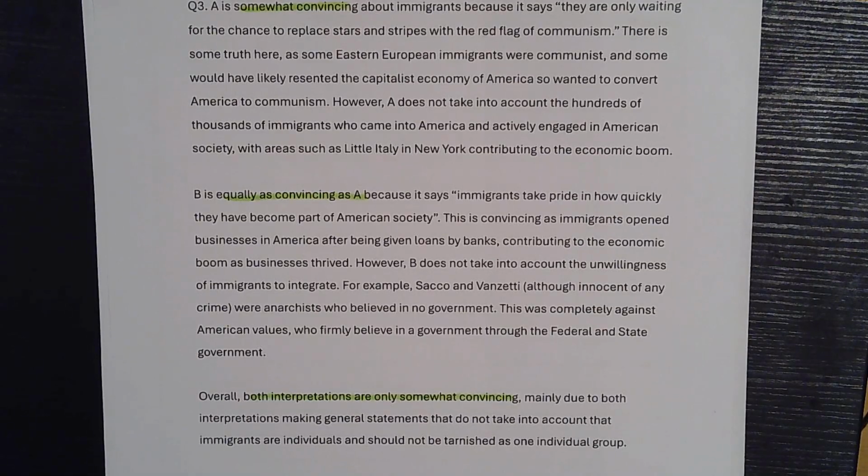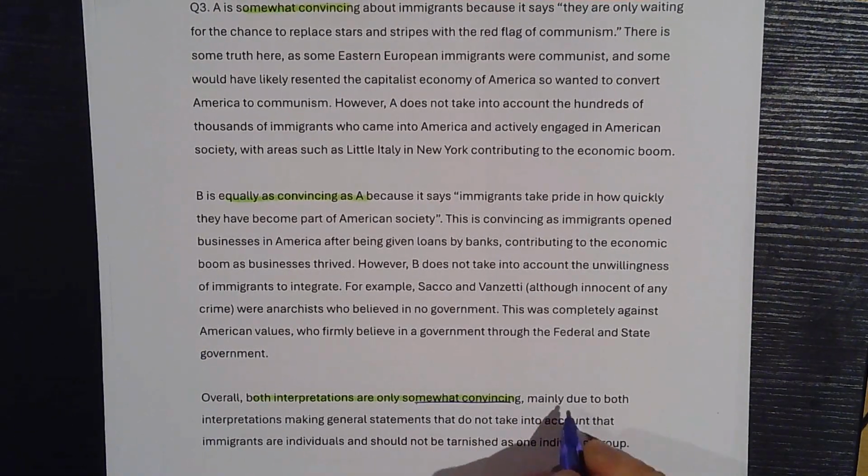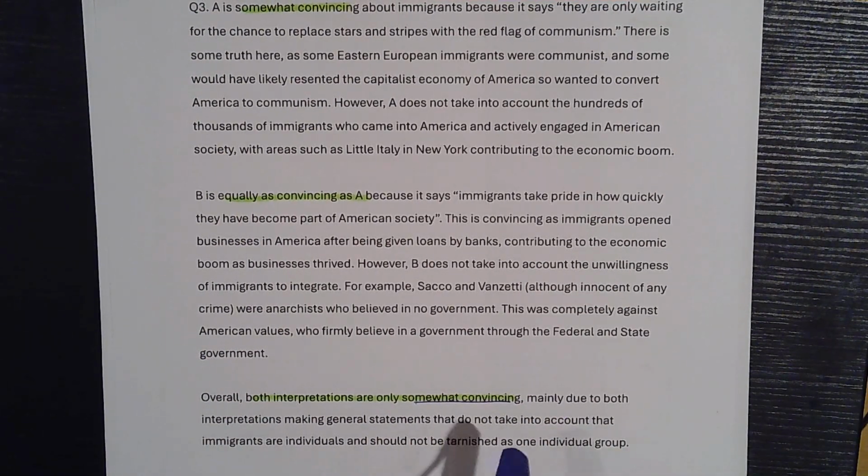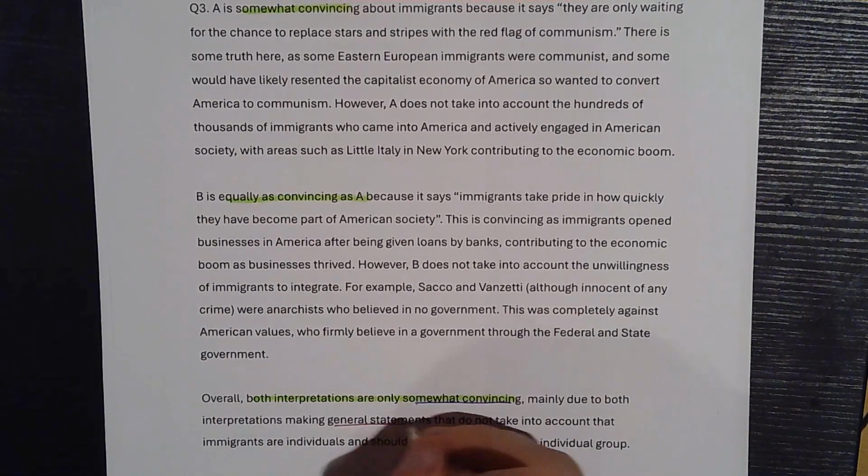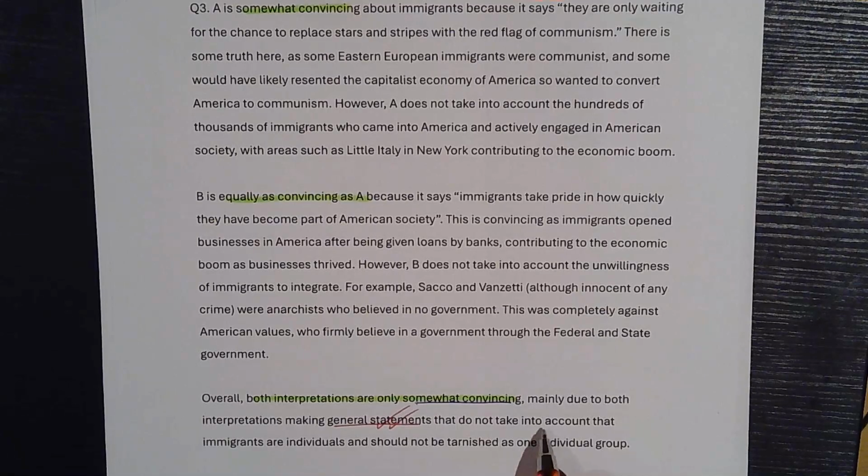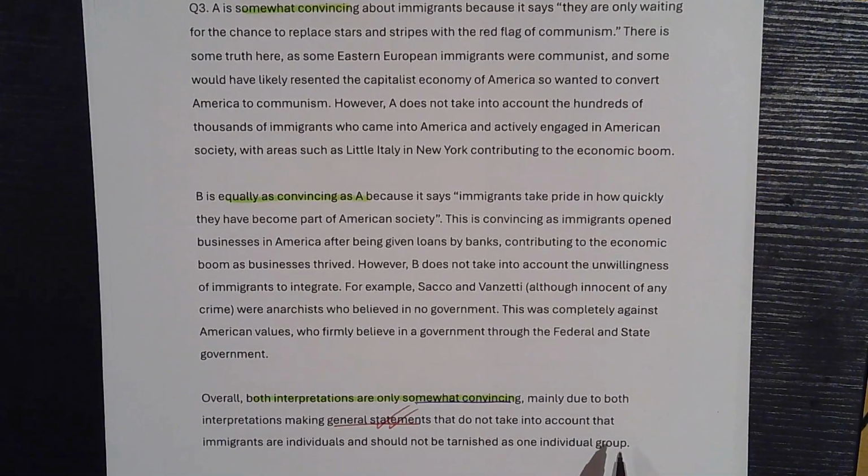And then you basically say, well, why is that? Why are they only somewhat convincing? And I've said, mainly due to both interpretations making general statements that do not take into account that immigrants are individuals and should not be tarnished as one individual group.